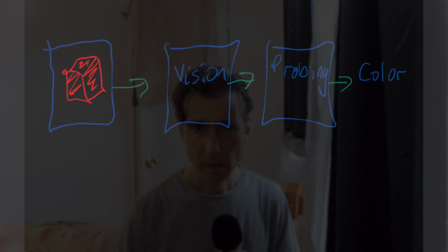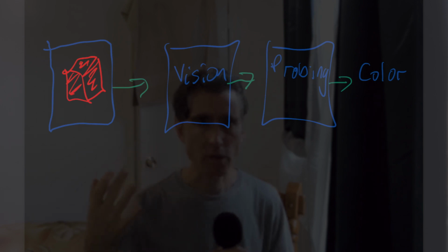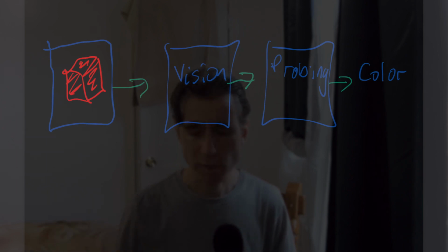Now, let's imagine that the vision module is colorblind. It can't see color. So the output of the vision module is basically a representation of other things that the agent can see, the position, for example, or possibly the shape, but it won't contain any information about color.